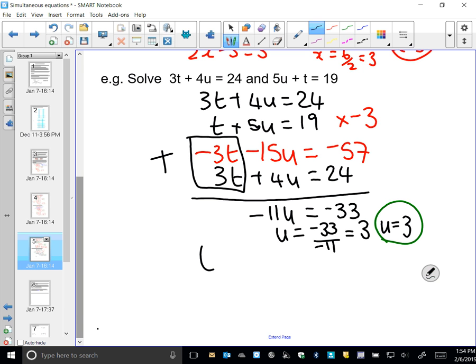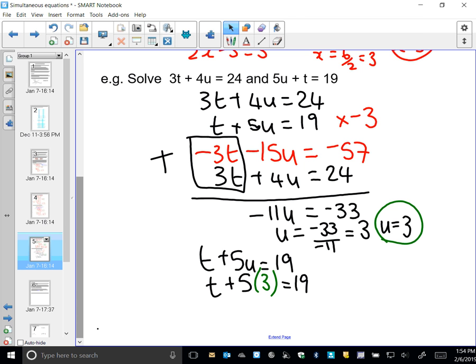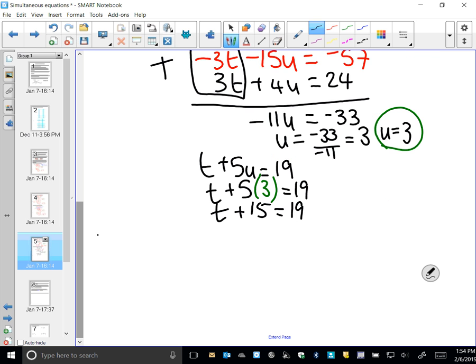So you've got T plus 5U equals 19. T plus 5 times 3. I'm using the second one because T is already on its own. So T plus 15 equals 19.